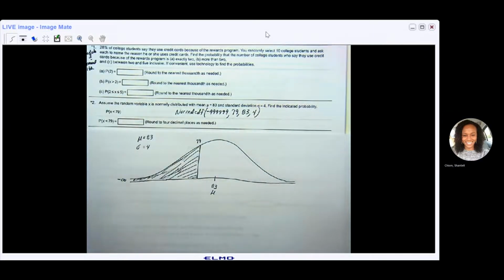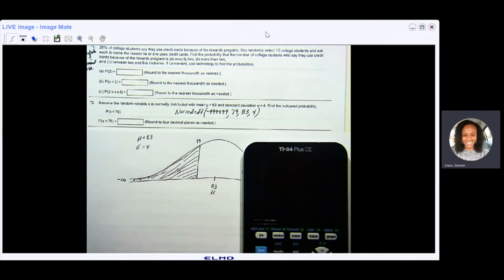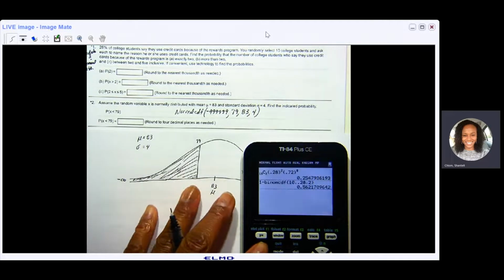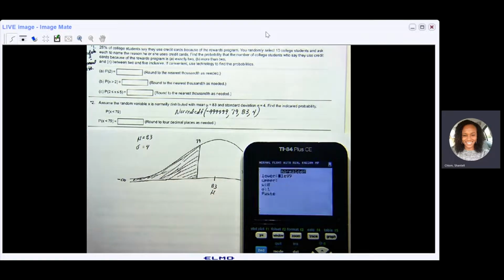Okay? And then putting that in the calculator, remember to get normal CDF, you press second VARS, lower bound, negative 9999, upper bound 79, mean is 83, deviation is 4, and hit paste. 0.157, no, 0.159 if we're rounding it to 3.